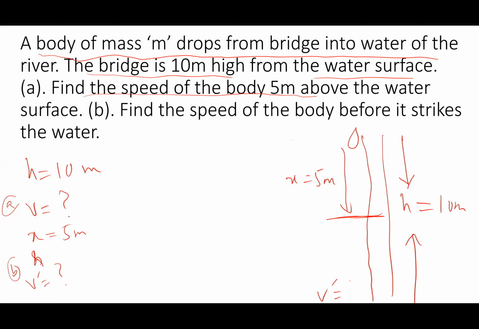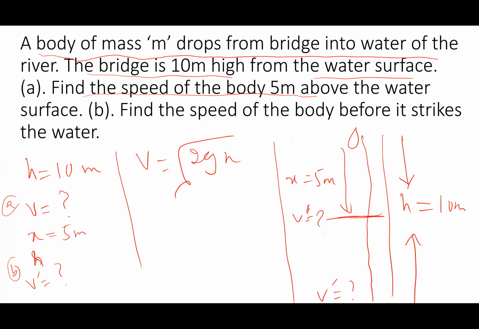So V prime here and V is here. Now first, a body of mass m drops from bridge into water of the river. So find the velocity. V square is equal to 2gx. So we will write 2 multiply 9.8 multiply 5. You will get the answer.